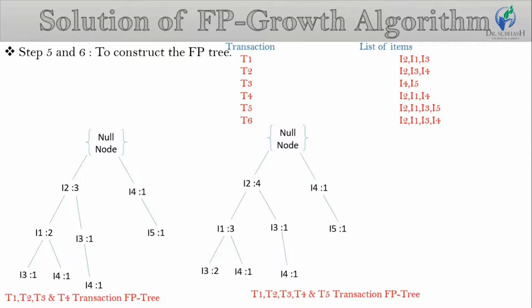I1 is linked to I2. I3 is linked to I1. And I5 is linked to I3. Now we increment all the item counts. Thus I2's count is 4, I1 count is 3, I3 count is 2, and I5 count is 1.